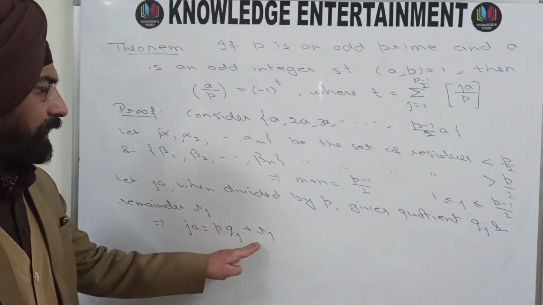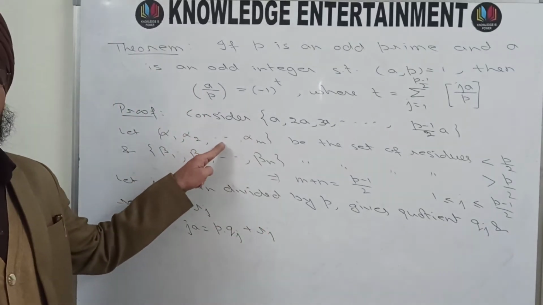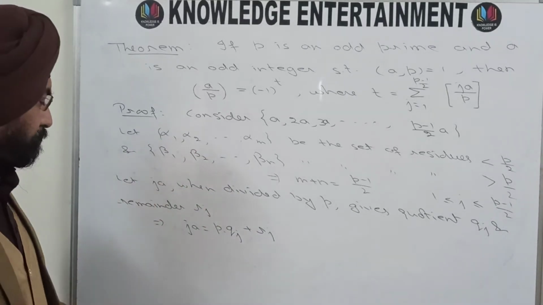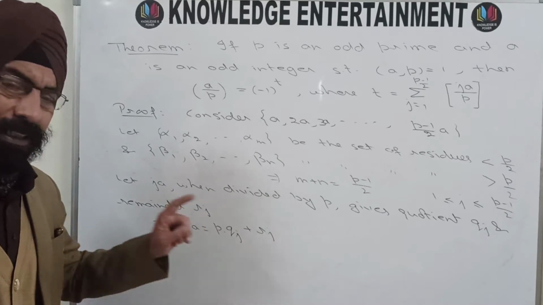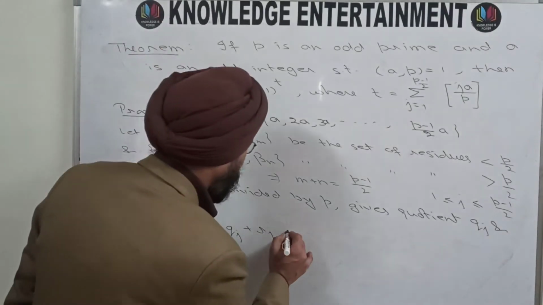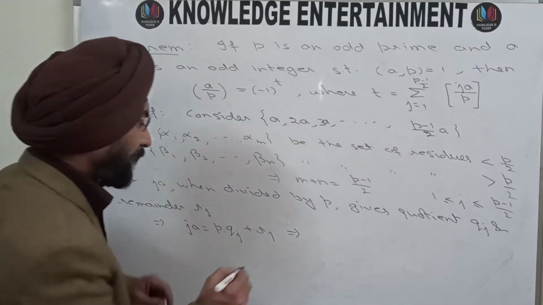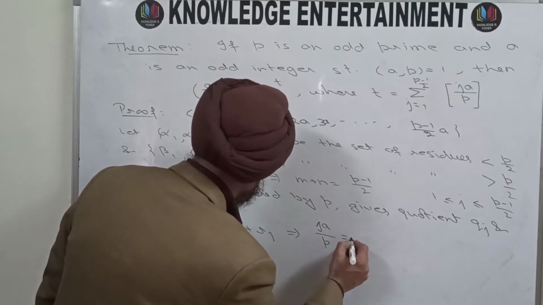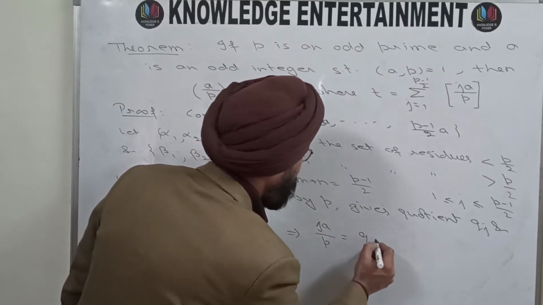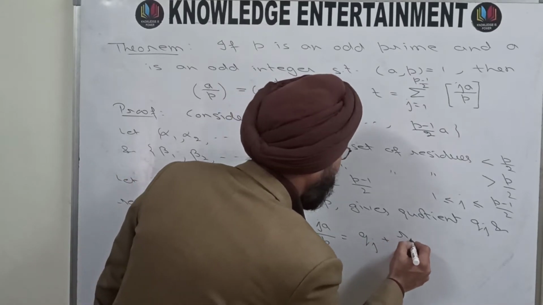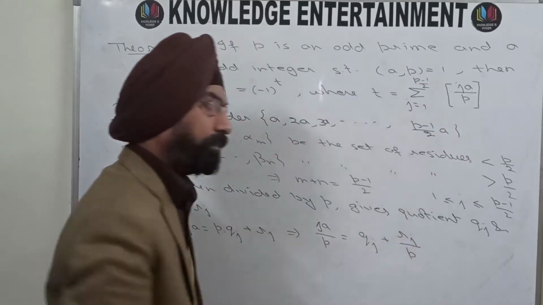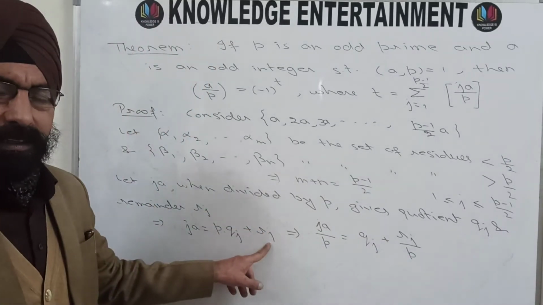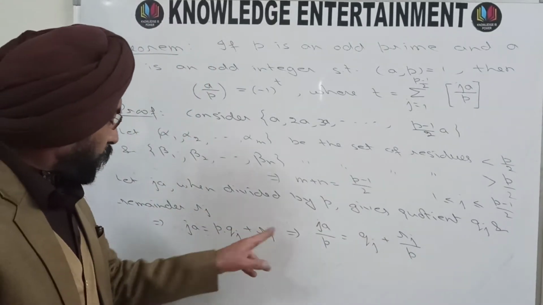Now some of these rj's will be from the set of alphas and some of the rj's will be from the set of betas. Dividing both sides by p, you will get ja/p equal to qj plus rj/p. Your remainder rj is definitely less than p because you are dividing by p.